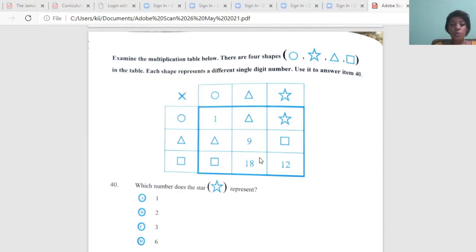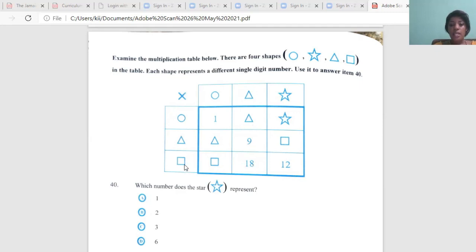Move on to this next row. So 1 times 3, which is a triangle, is still 3. And now 3 times 3 is 9, because both triangles are 3.